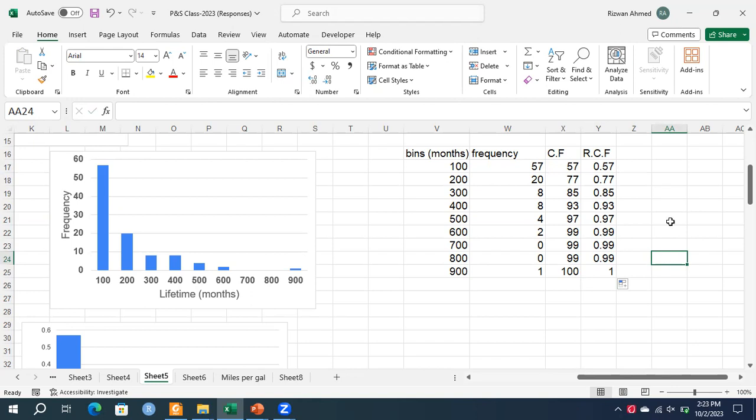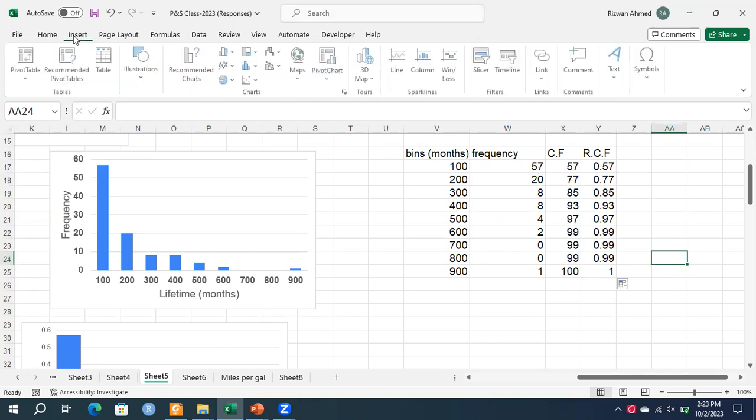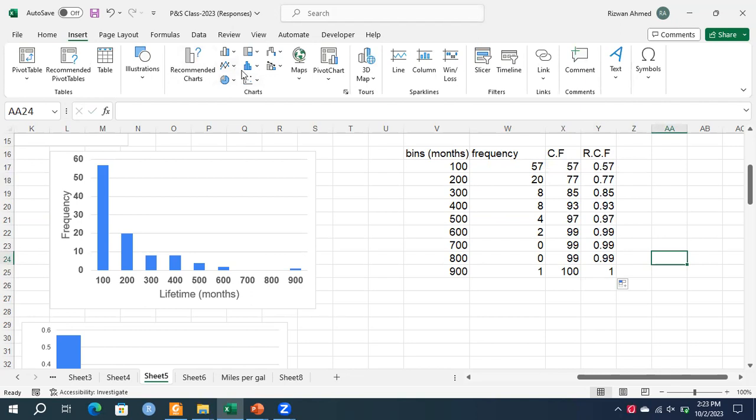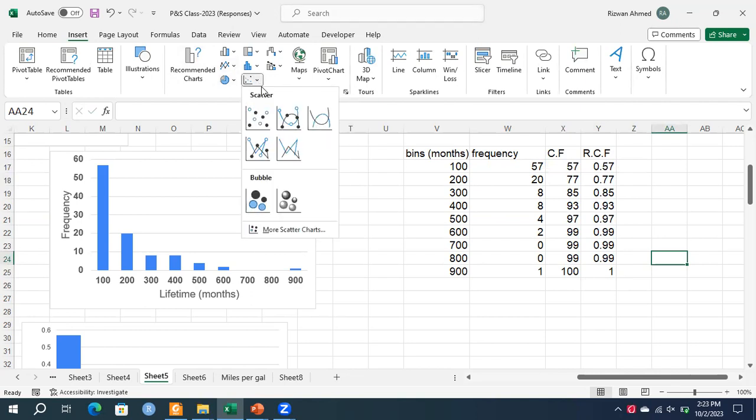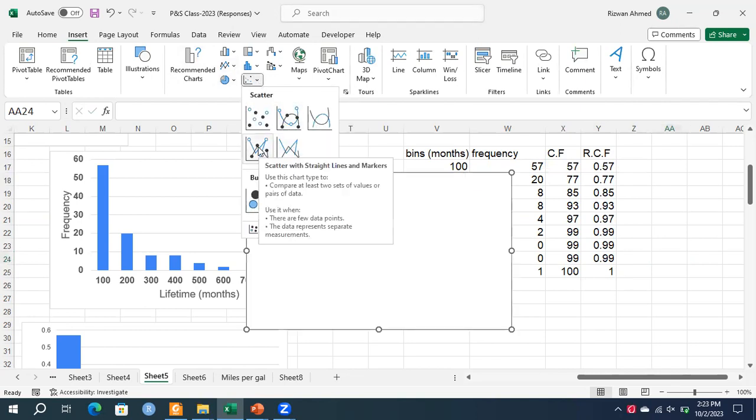And now the graph that we select for showing cumulative frequency and relative cumulative frequency is also important. So I select a graph from XY scatter and I join them with straight lines.